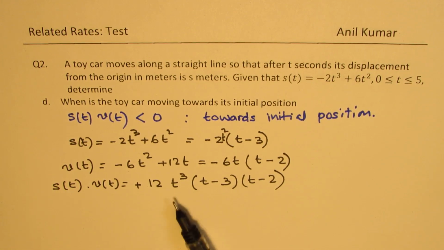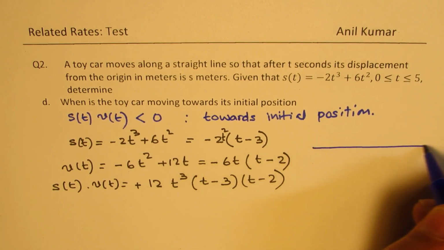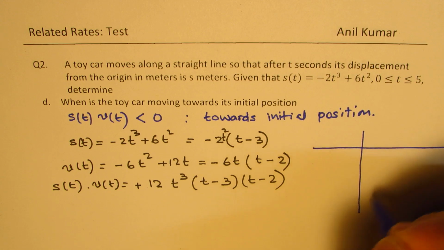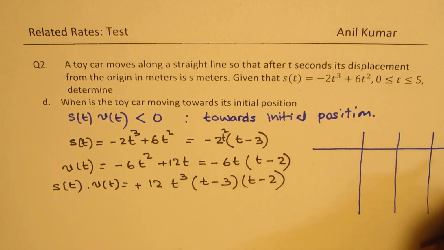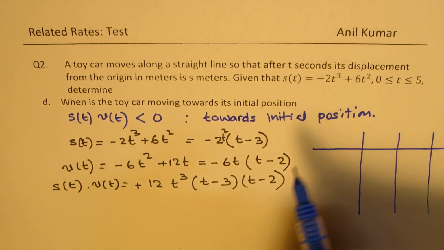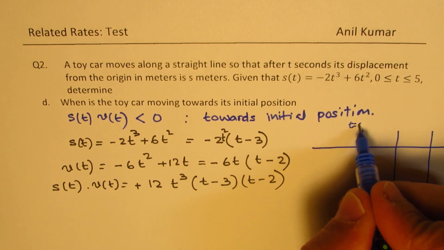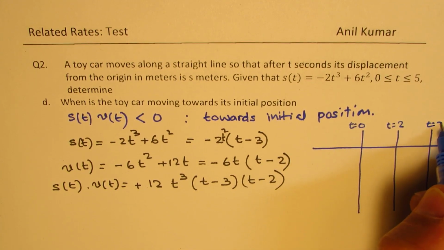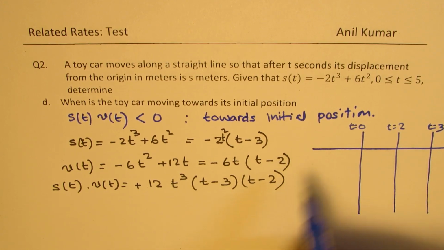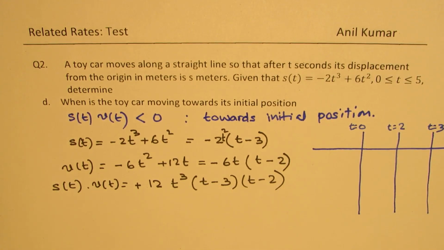So we can test in between these. That is one way of doing it. So let us do that testing. We'll make a table of values to test. You could also use a graph to figure out this solution. So here we have t equal to 0, t equal to 2 and t equal to 3. So let's take a test point on either side.